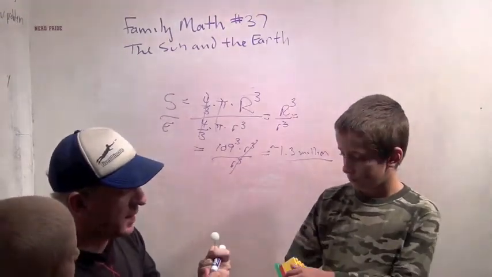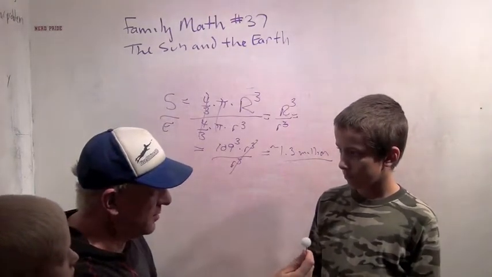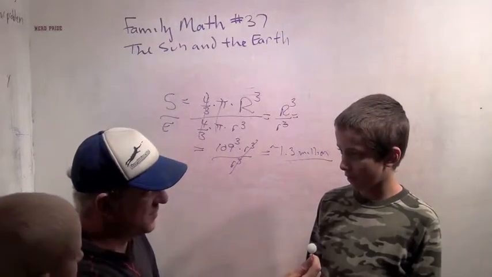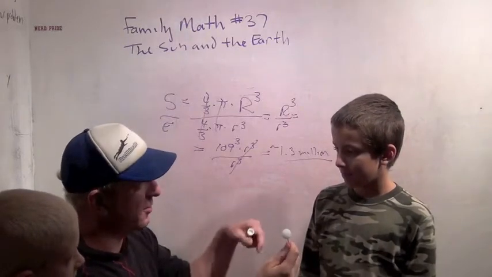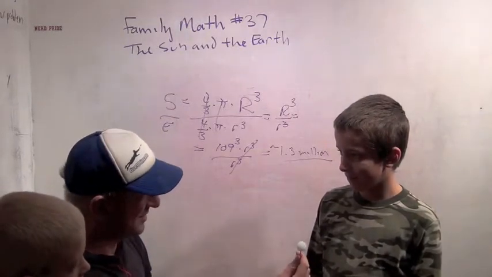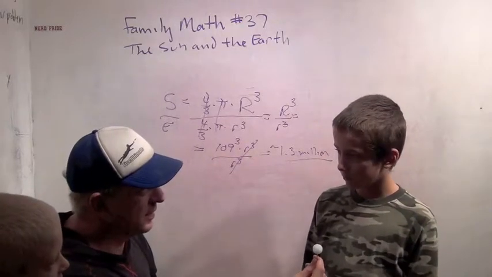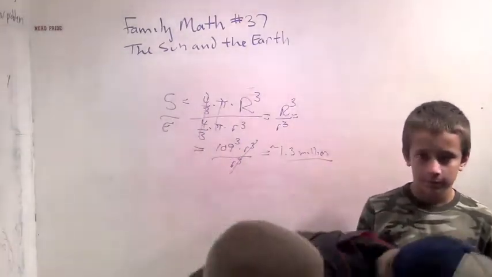So we need something that's about a 9-foot sphere. Do we have any 9-foot spheres lying around? I don't think so. Not in our house. If we did, we could crawl inside and run around like a gerbil ball. But I found something outside that's very close to a 9-foot sphere. You want to go see? Yeah. All right, let's go outside.